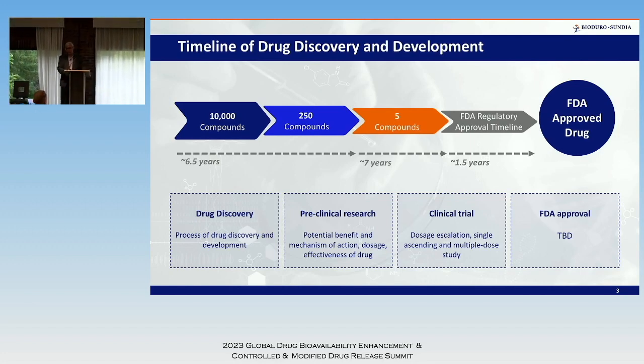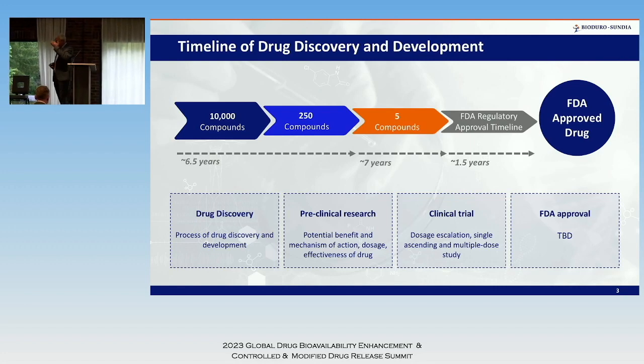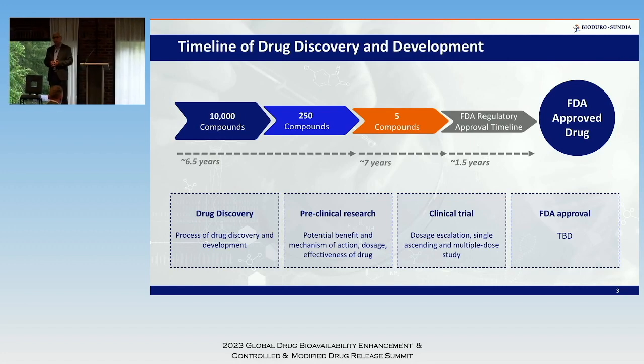From those, we have to do hit selection, candidate optimization, and select a drug for preclinical or phase 1 or phase 2 development. So we are talking about tens of thousands of drugs that have to be discovered through those discovery pathways.